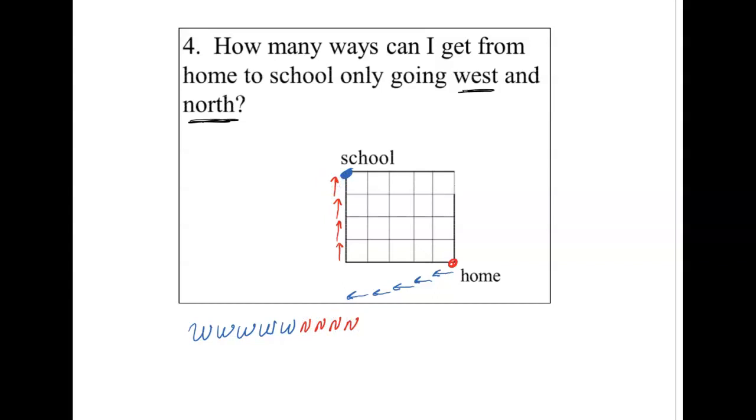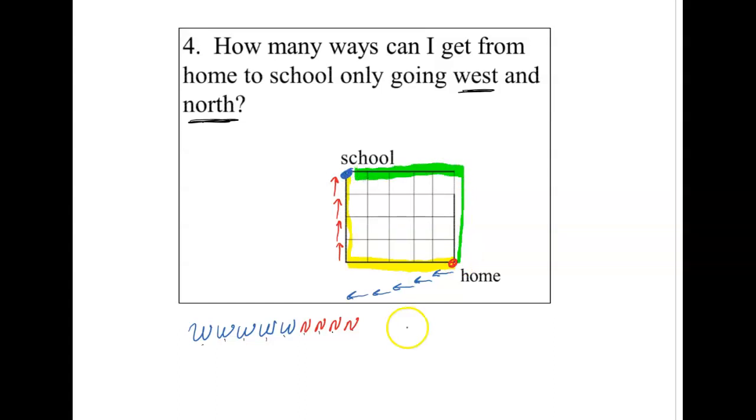So this is a distinguishable permutation. If you count, there's 1, 2, 3, 4, 5, 6, 7, 8, 9 letters, and you want to rearrange those letters. It doesn't matter if you do all the wests first, like for instance in yellow, and then you go north. You could have gone north and then all the wests.